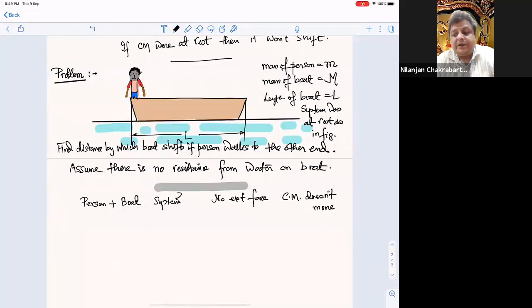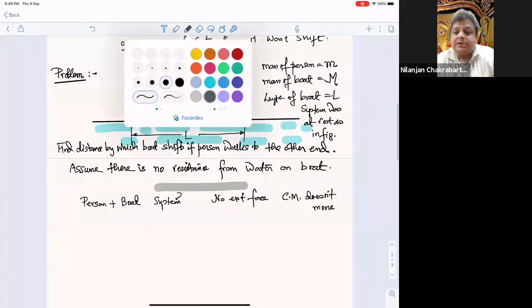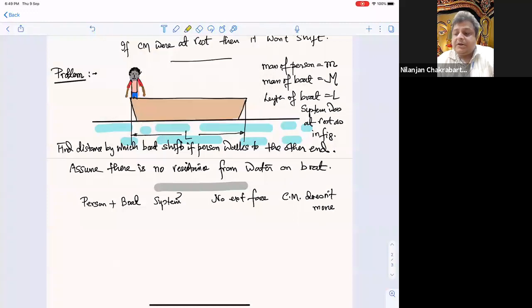See, no external force doesn't mean the center of mass always will not move. It means the acceleration is zero, right? So the center of mass has zero acceleration, but here the system was at rest, so its center of mass was at rest. If it is a non-accelerating center of mass, why will it move?